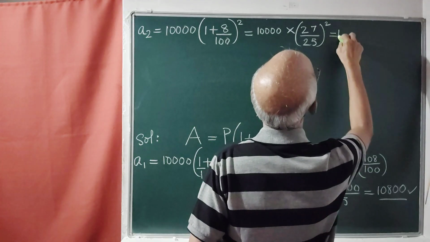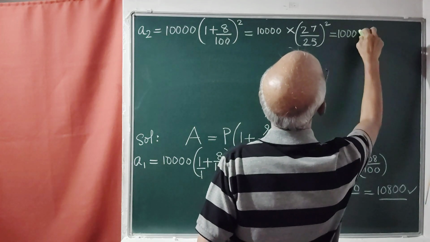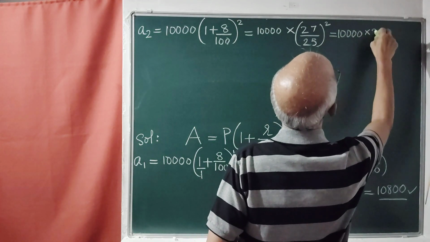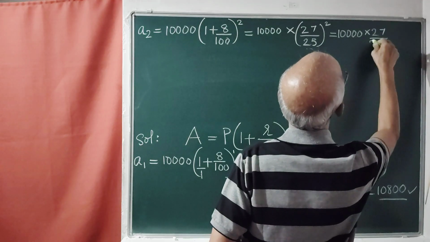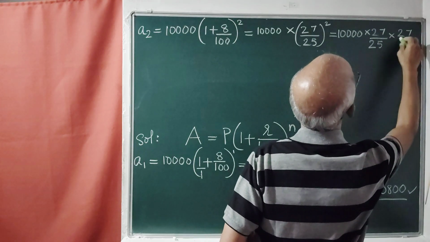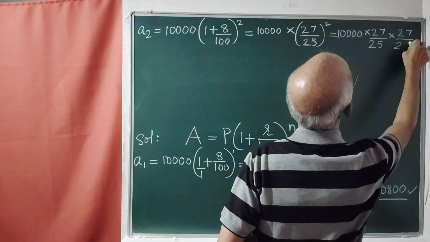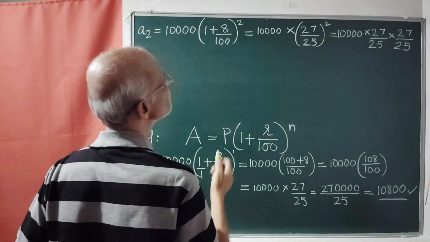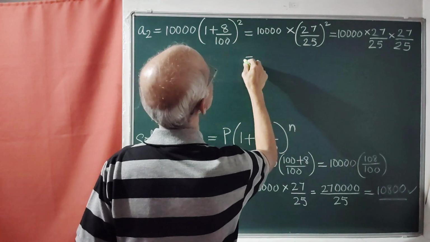It will be 10,000 into 27 by 25 into 27 by 25. So what we get?